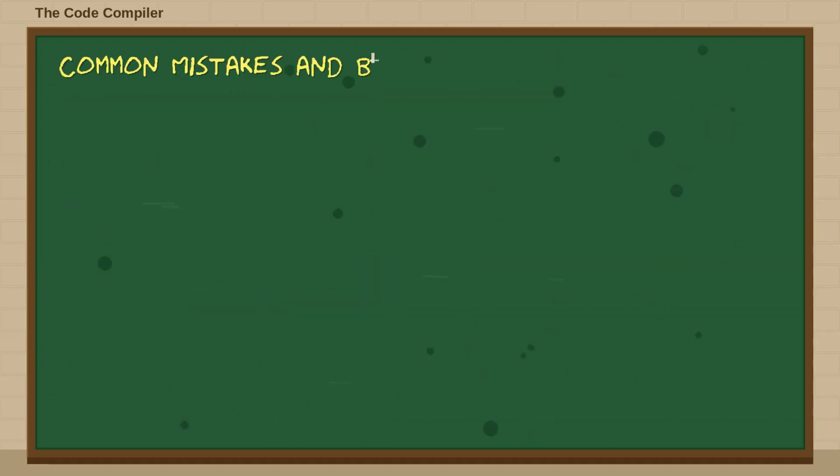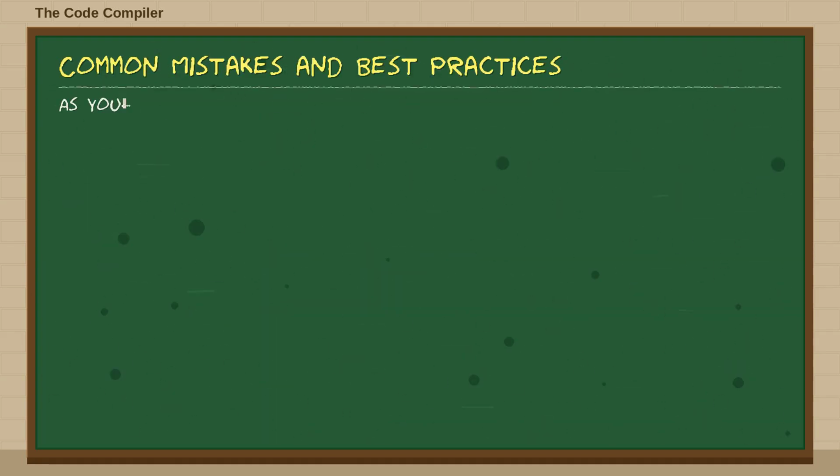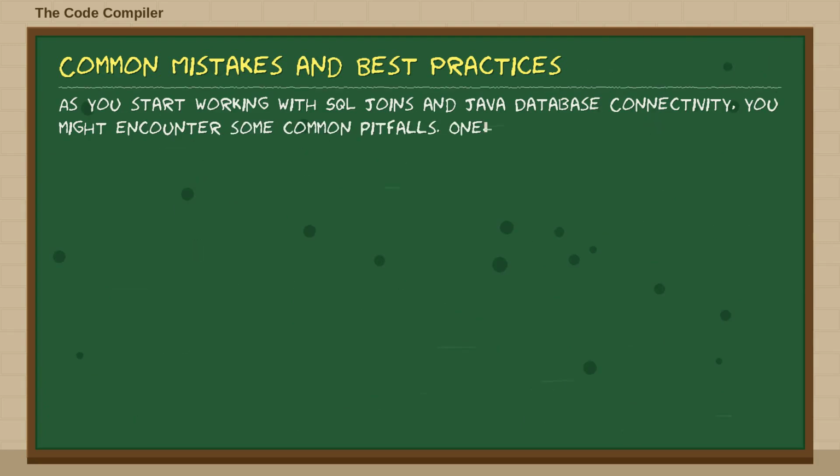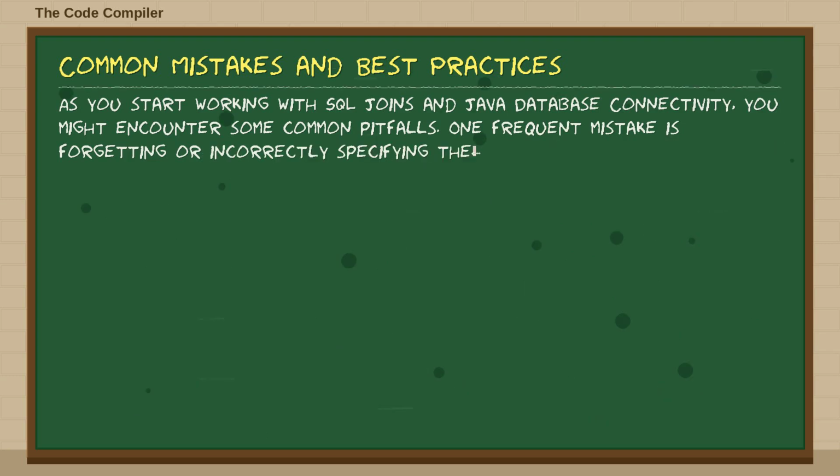As you start working with SQL Joins and Java database connectivity, you might encounter some common pitfalls. One frequent mistake is forgetting or incorrectly specifying the ON clause in your join.